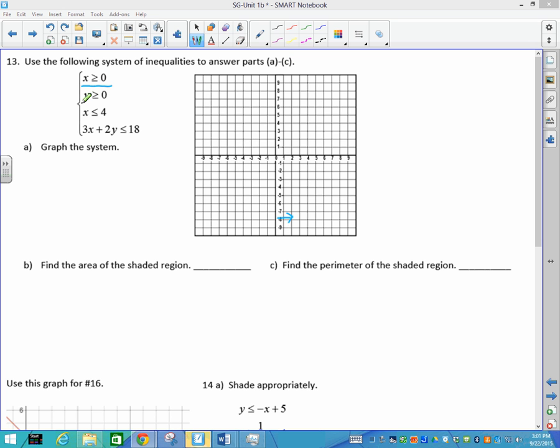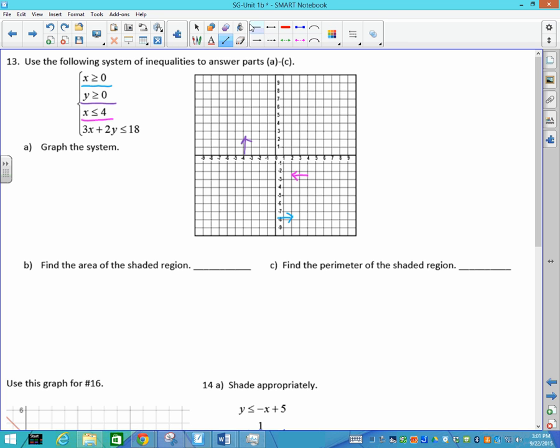Then we have y is greater than 0, which is my x-axis, and I'm going to shade up for that. Then I'm going to have x is less than 4, and that will be a vertical line through 4, and I'll be shading that way. I'm going to put the lines on in just a second.